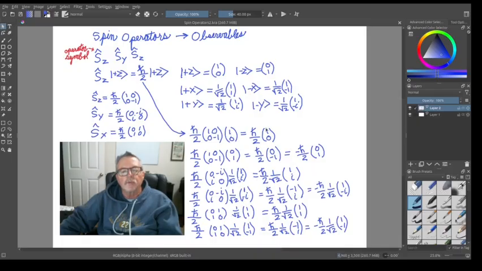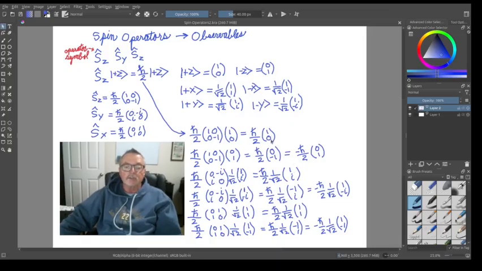So here's the 1 when I calculated this first element, which is row 1 column. And this is the second element, row 2 column. Here's row 2, 0 times 1 is 0, negative 1 times 0 is 0. So that all works out.